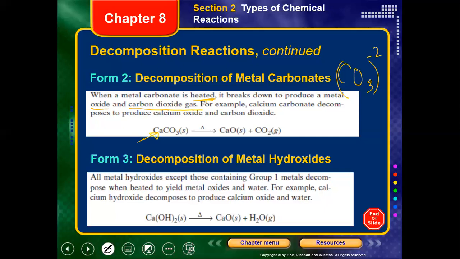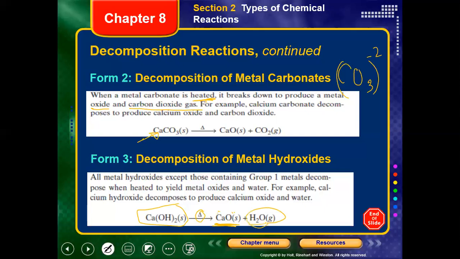So if you have a metal hydroxide, how can you break down this compound into new compounds? By using heat, it will break down into metal oxide, calcium being the metal, and oxygen, plus water.